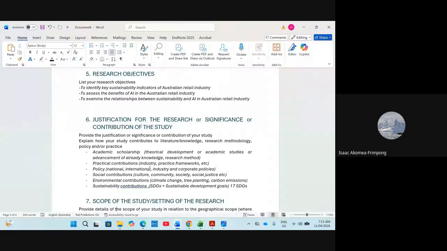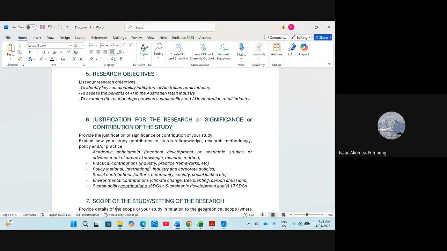The words implications and contributions have some differences in scholarly discourse, but the two can also be used interchangeably. Whilst implications are about the likely impacts, contributions are about what you are adding to current literature, to research, to practice, and maybe to policies. But the two of them are used interchangeably.